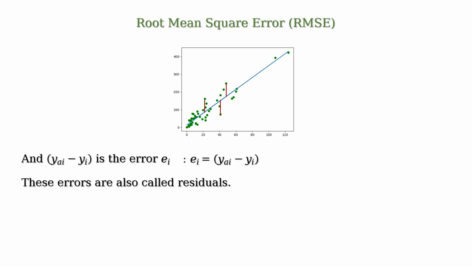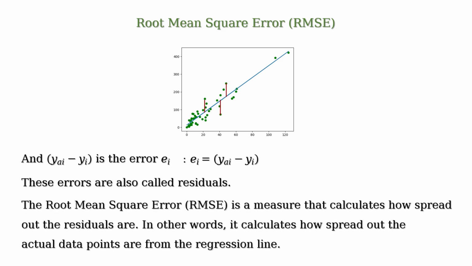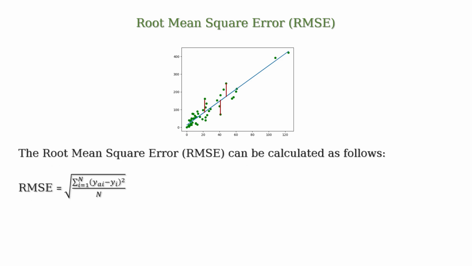These errors are also called residuals, and the root mean square error is a measure that calculates how spread out the residuals are. In other words, it calculates how spread out the actual data points are from the regression line. The root mean square error can be calculated as follows.